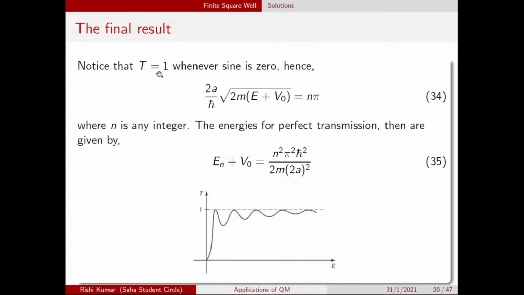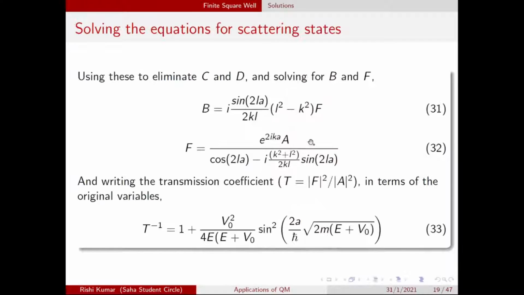When T equals 1, this is another simple case. T equals 1 means that the entire incident wave is completely transmitted through the barrier, or we could say that the well is transparent. T equals 1 whenever the sine equals 0.